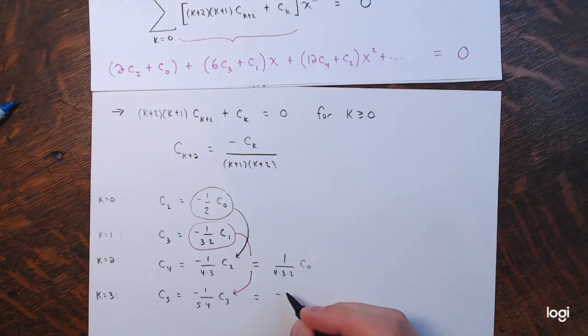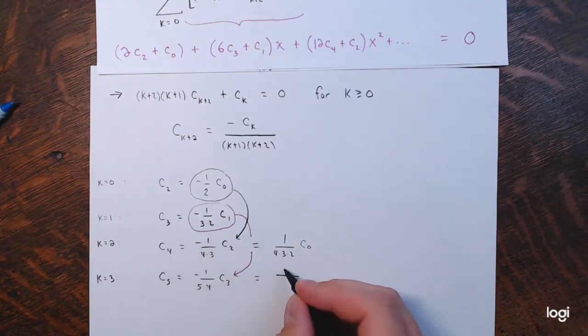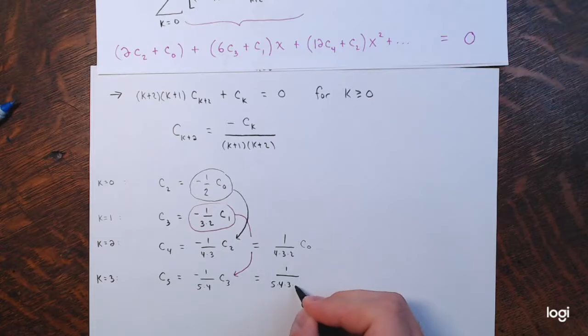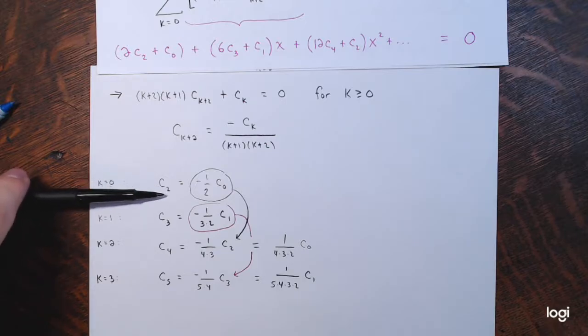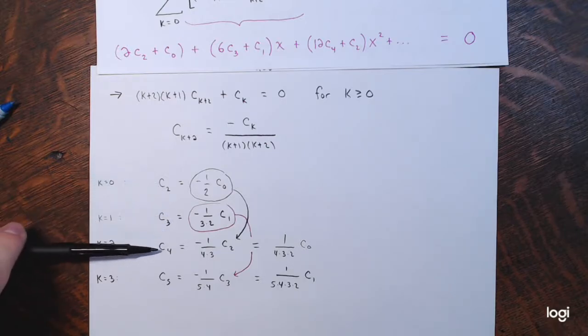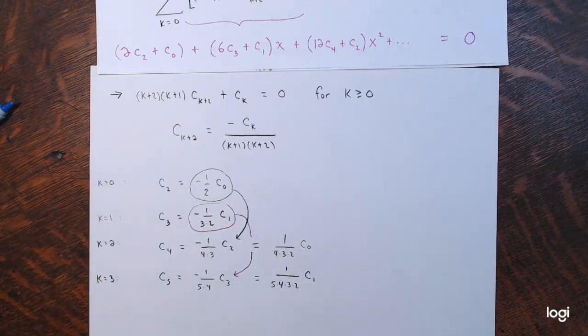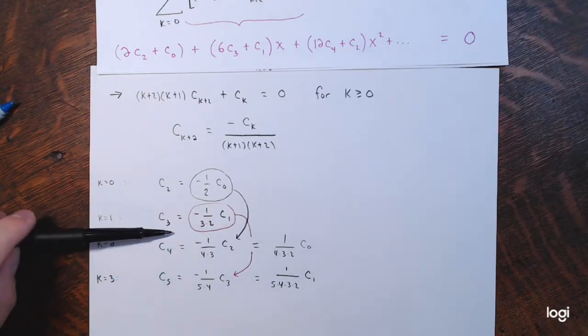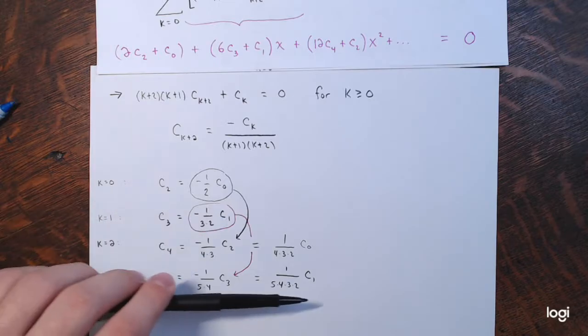We have negative, positive, sorry, because you have negative here and negative there after the substitution, positive 1 over 5 times 4 times 3 times 2 times c1. What I'm noticing, just after these first 4, is that the even subscripts of c, c2, c4, depend on the constant c0, whereas the odd subscripts of c, c3, c5, depend on c1.